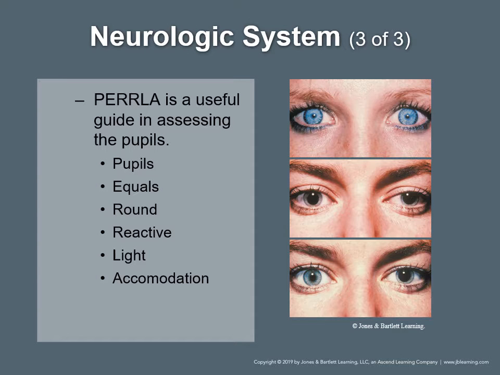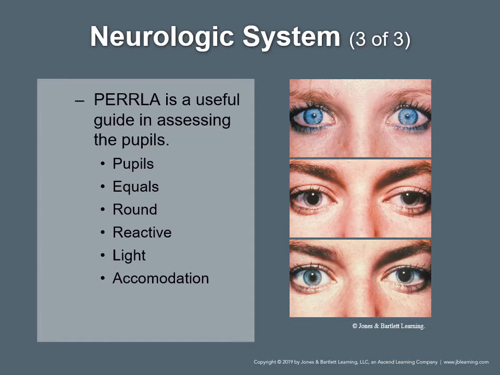Accommodation is the reflex of focusing on a near object, where your lens changes shape and then focuses on something in the distance, and your eye automatically reflexively changes so that you can keep that in focus. So I don't typically test accommodation, so it's okay to do pupils equal, round, and reactive to light.